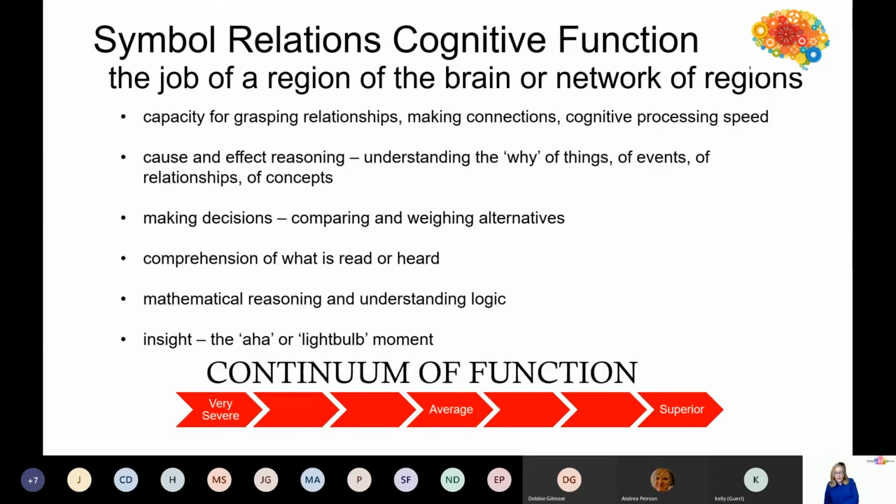It's fundamental to comprehension, or understanding what we read, what we hear, mathematical reasoning, so understanding the logic or the why behind math rather than just memorizing mathematical formulas, but really understanding it conceptually and from first principles. And it's that insight or that aha moment, where everything comes together and all of a sudden we understand. So fundamental to really our relationship, not only to ourselves and others, but our relationship to our world.